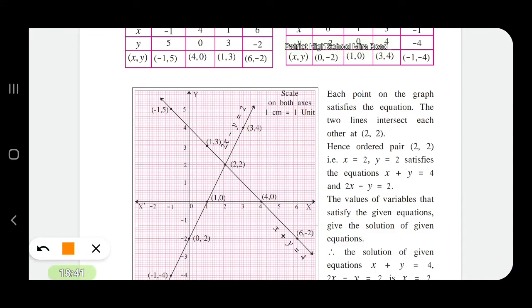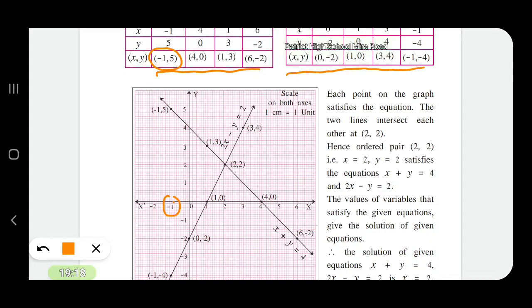Now we have to plot all these points as well as these points. So let us begin with this point, minus 1 and 5. Minus 1 means on the x-axis you move to the left. So you have minus 1 over here, and then you have to move 5 points to the positive side.